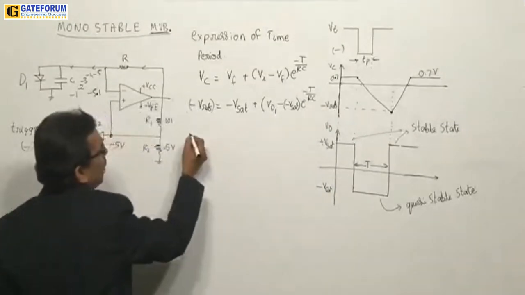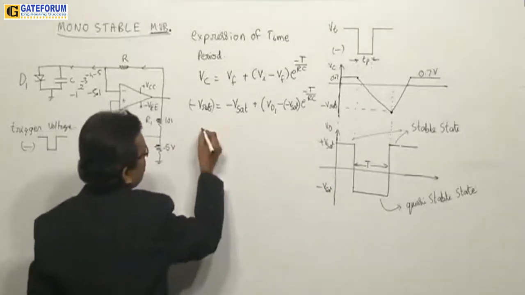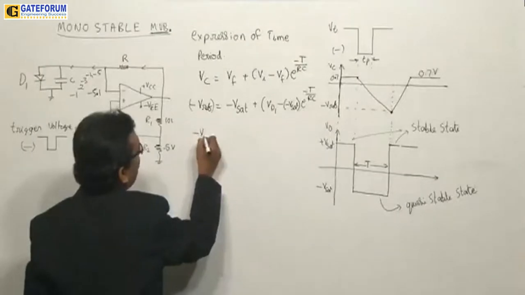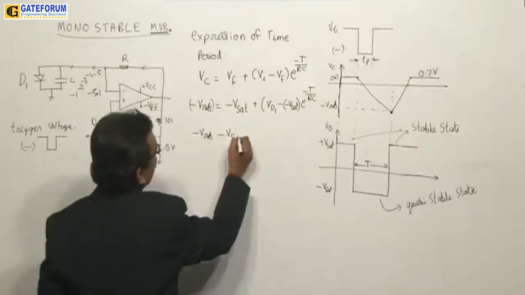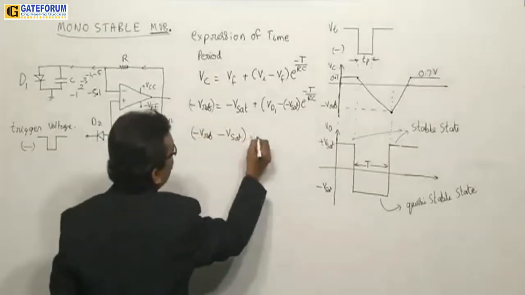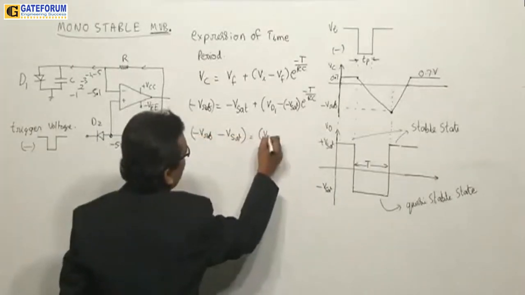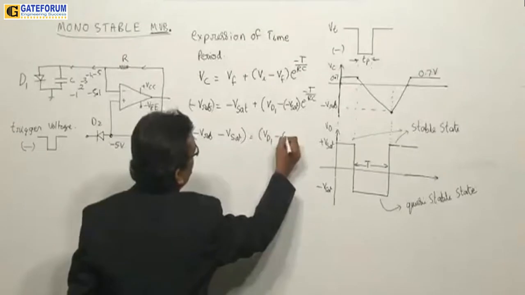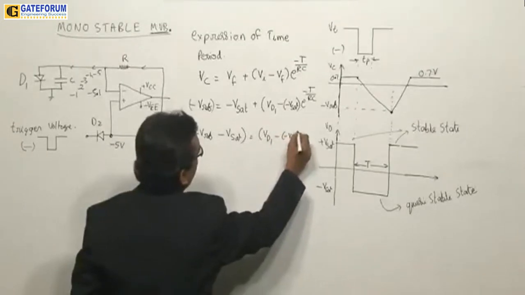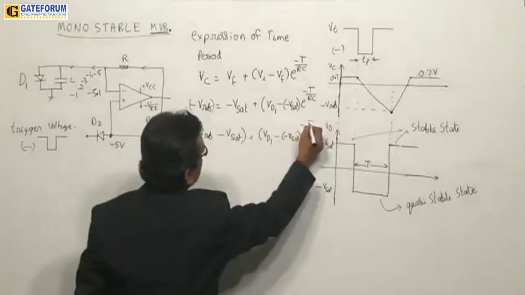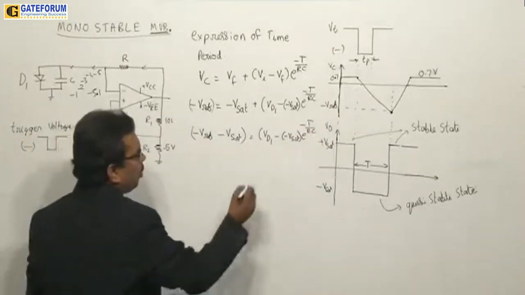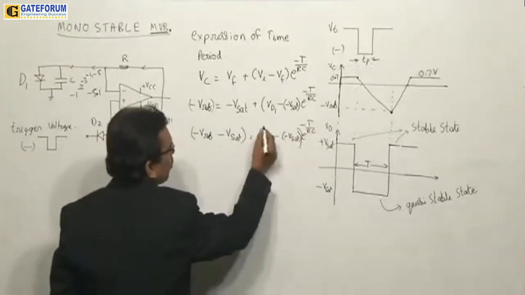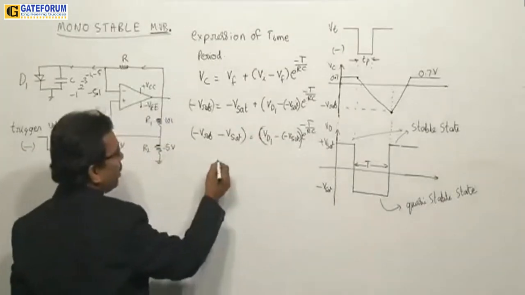This is what I am going to get. Now in the same manner as yesterday's function, you need to shift this point this side. So minus V reference equals minus Vsat plus VD1 minus of minus Vsat into e power minus t by RC. This is the value you are going to get.